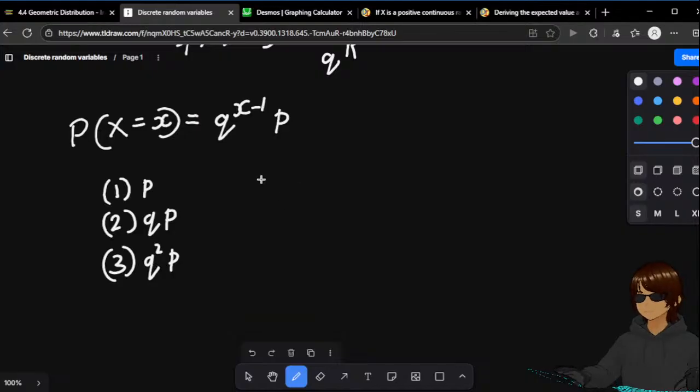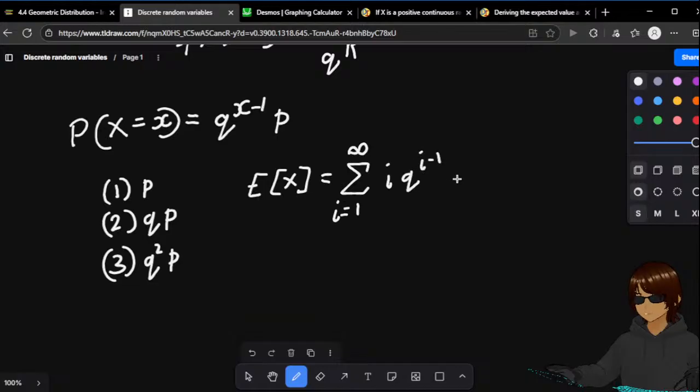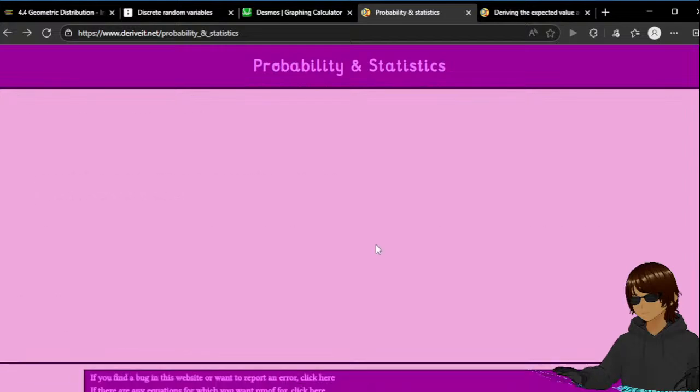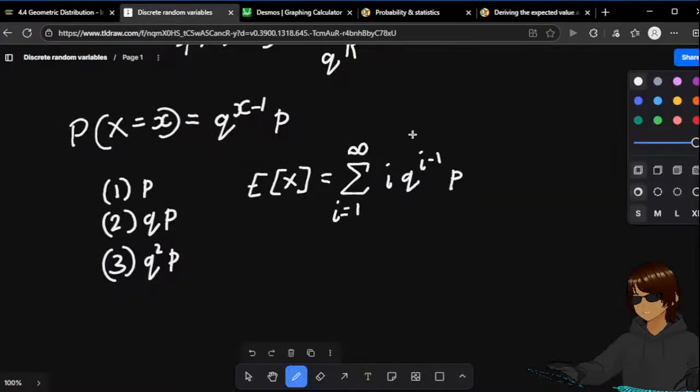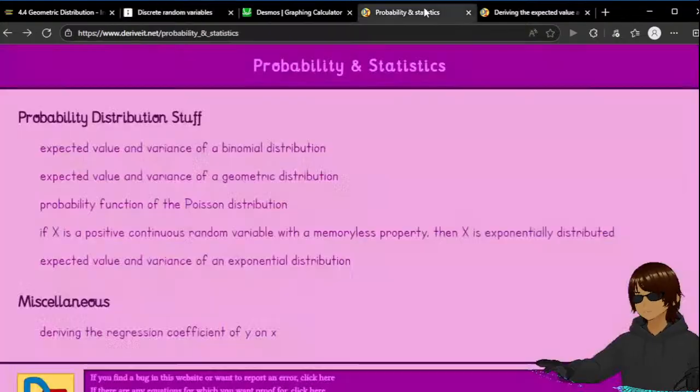So in summary, the expected value of x, which is the mean, is the sum all the way till infinity of i q to the i minus 1 p, right? P is a constant, right? But I forgot how you do this. I forgot how you do a geometric and arithmetic in one.